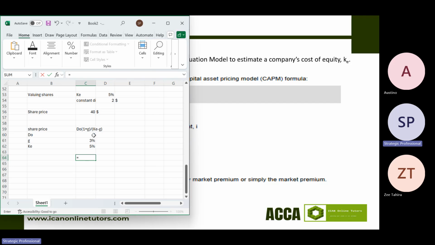So this will be DO, 1 plus G, divided by KE minus G. You bracket it. Most times I like to bracket this one so I can get the right answer.